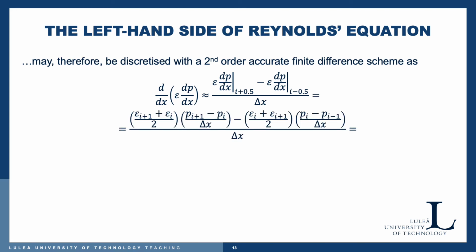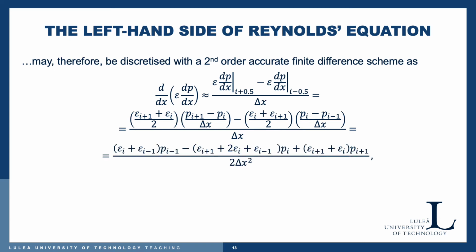and then in terms of what we defined about epsilon, the arithmetic mean for the values in the half nodes, and we use the central differences for the pressure derivative in the half nodes, both sides.